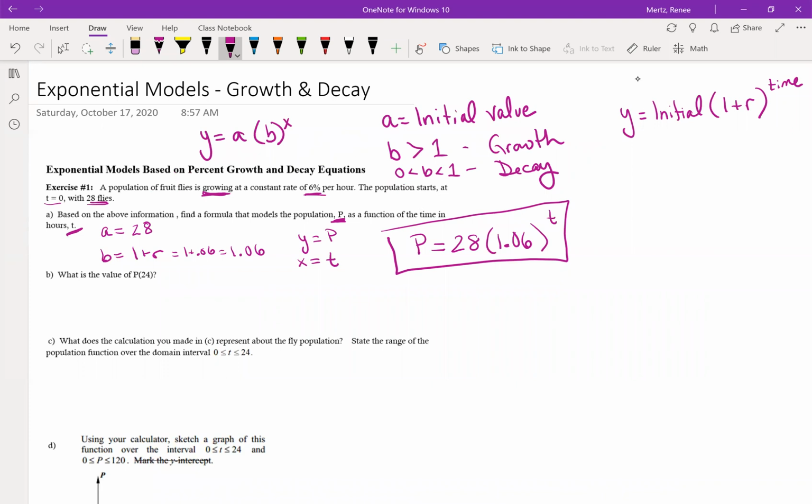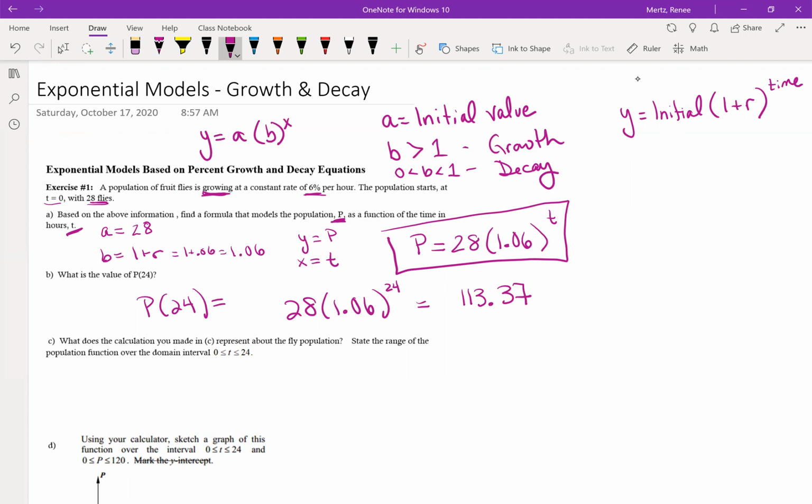Find the value of P of 24. P of 24 means replace T with 24. So we're doing 28 times 1.06 to the 24th power. You're going to type that into your calculator. We're going to get 113.37.